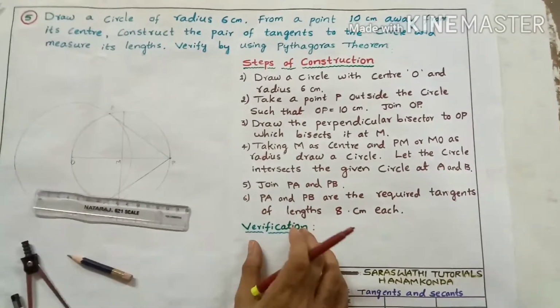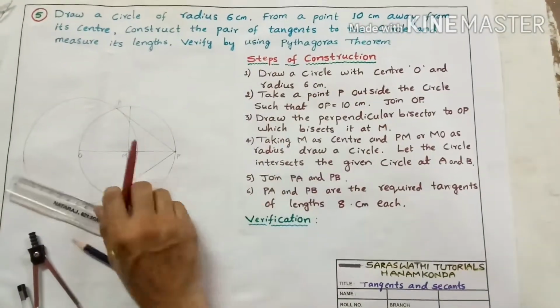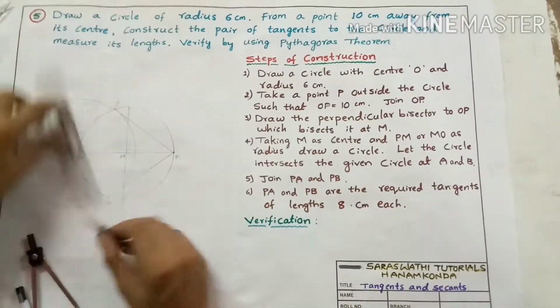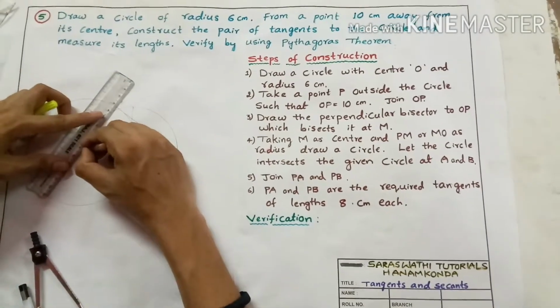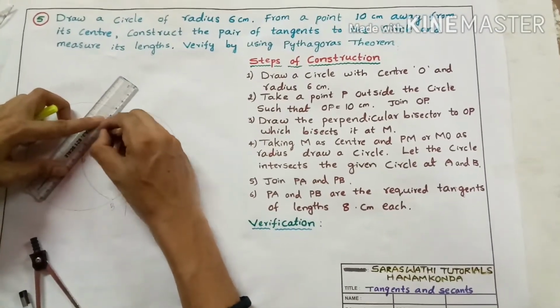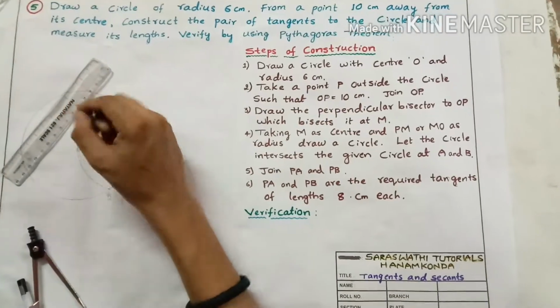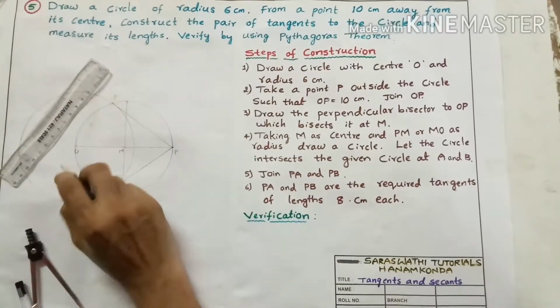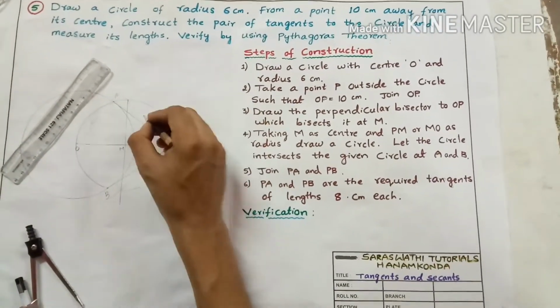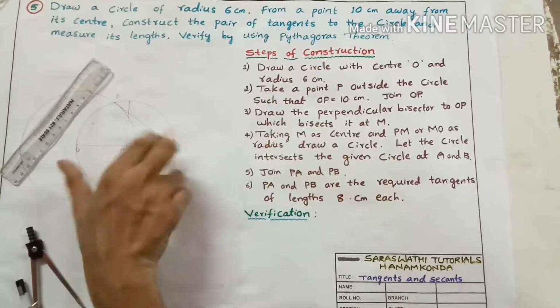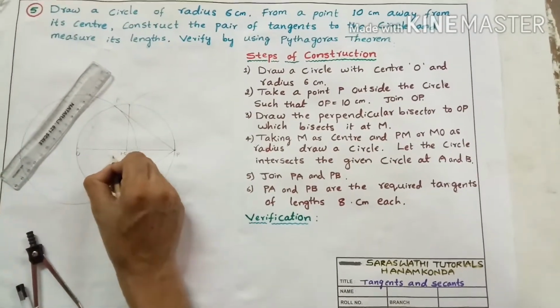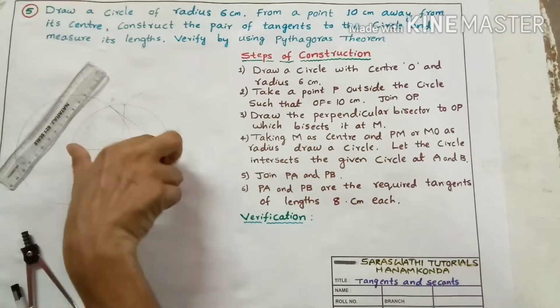Now verify by Pythagoras theorem. If we join OA, the distance between O and A is 6 centimeters since it is a radius. PA we obtained is 8 centimeters, and from O to P is 10 centimeters as we have drawn.